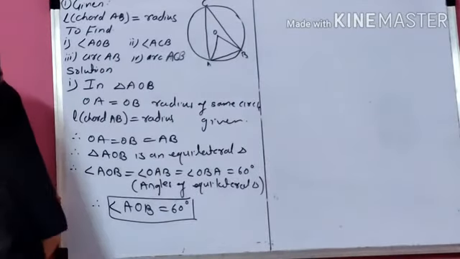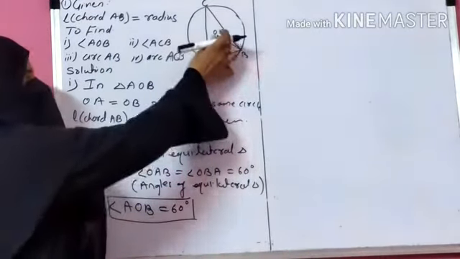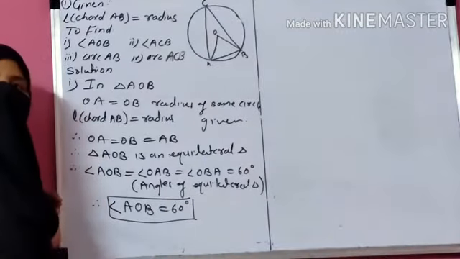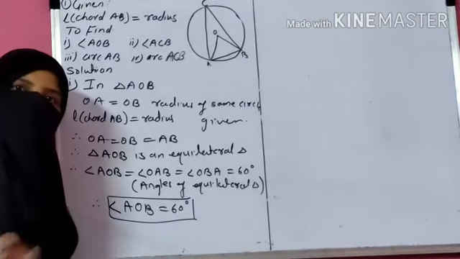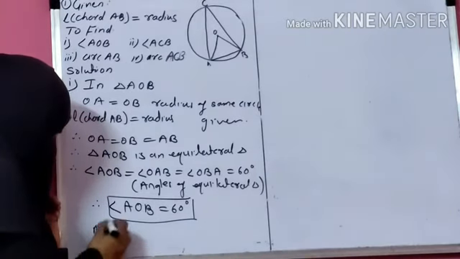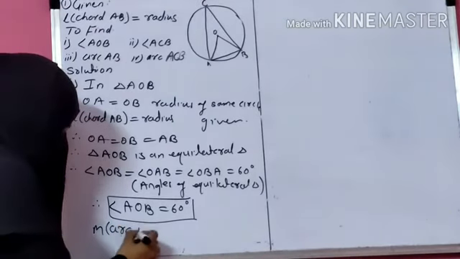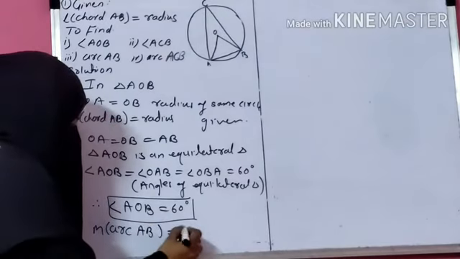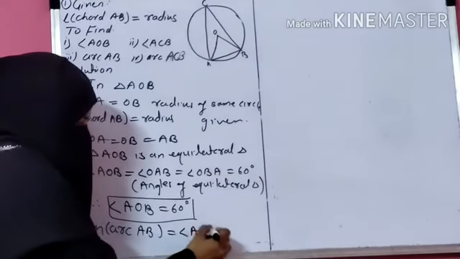Now angle AOB is a central angle, and the measure of a central angle is equal to the measure of the arc, that is the central angle theorem. So the measure of arc AB is equal to angle AOB.